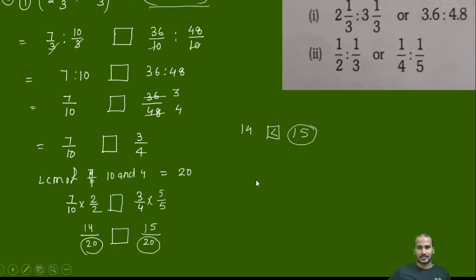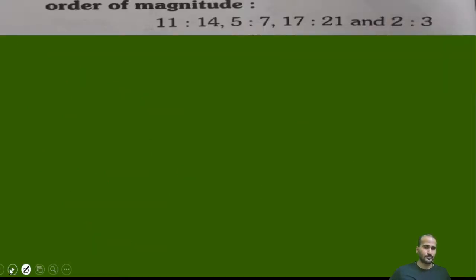This is asking only for the greater ratio, so the greater ratio is 3.6 is to 4.8, and this is your answer. Okay, that's question number 4.